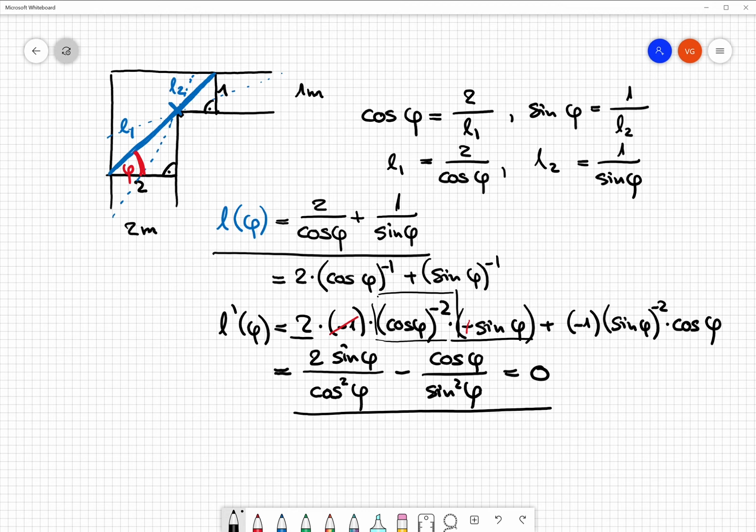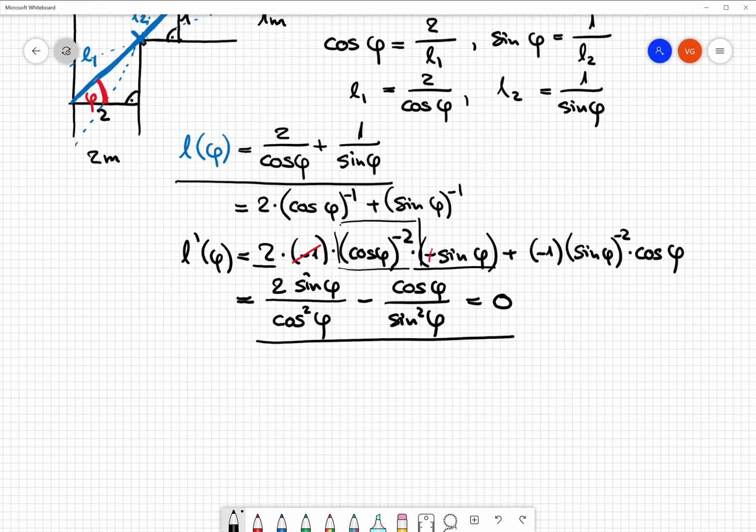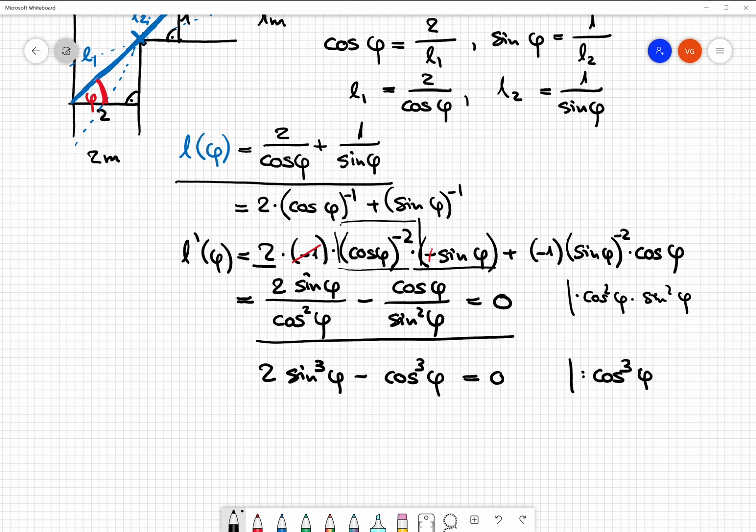Naturally, we get rid of all the fractions. We multiply by both cosine squared phi and sine squared phi. What we get is 2 times the sine cubed of phi minus cosine cubed of phi equals 0. Now we do a nice trick. We divide everything by the cosine cubed of phi.